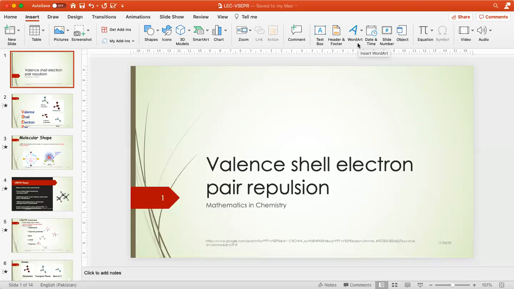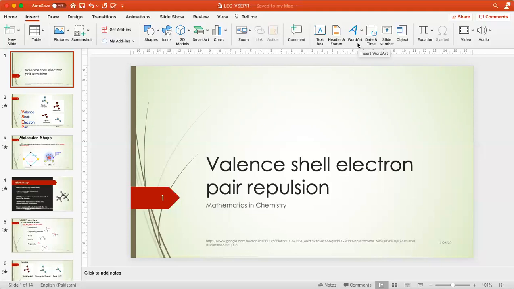So the shape of the molecules actually depends totally on electronic repulsion, and on the basis of this electronic repulsion, shapes are predicted. First of all, we must understand clearly what is meant by the VSEPR theory.